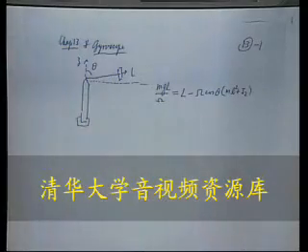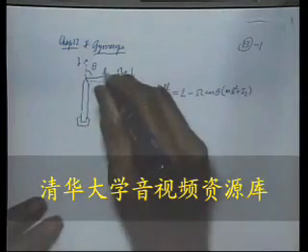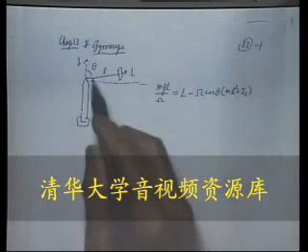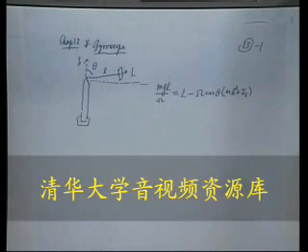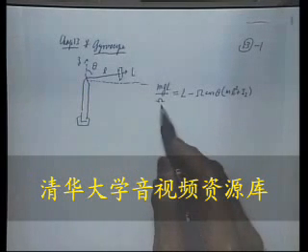This rod is supposed to be weightless. The length of the rod is supposed to be L. Theta is this angle. Theta can be 90 degrees, but it can be bigger or smaller than 90 degrees.